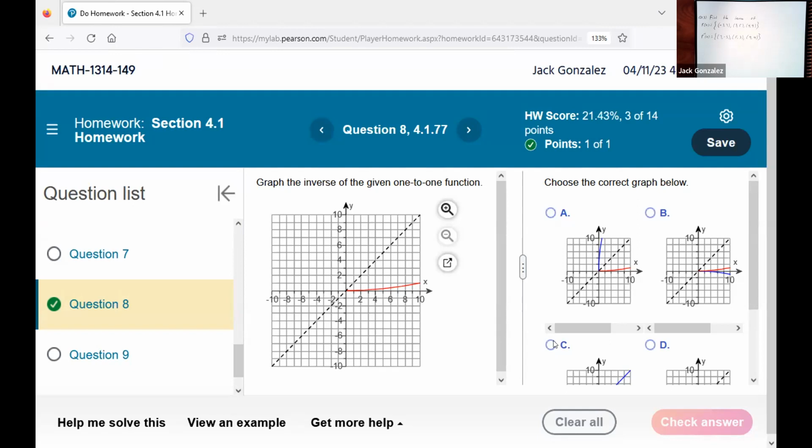If they're reflected over that line, Y goes to X, Y goes to X. So if you grab a few of them and just swap them, you'll end up with this shape. You can barely see it, right? For part A, or answer A.